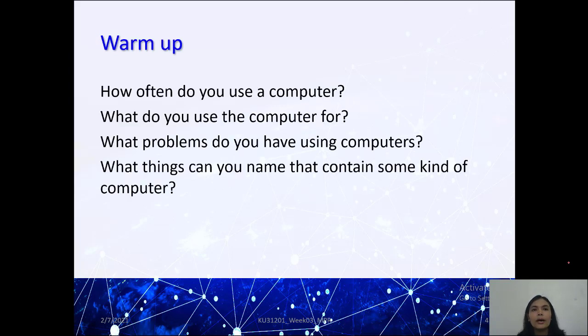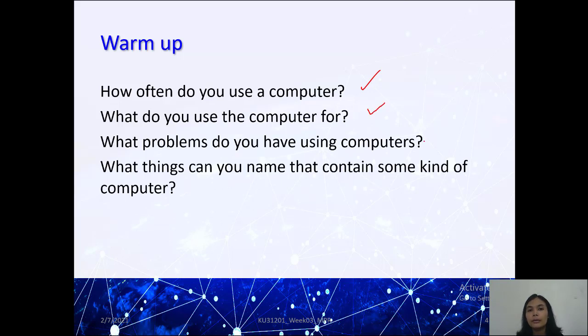Now, as a warm-up activity, there are 4 questions that I list over here, related to our topic about digital technology, whether you're involved in activities related to digital technology or not. We have here: how often do you use a computer? What do you use the computer for?